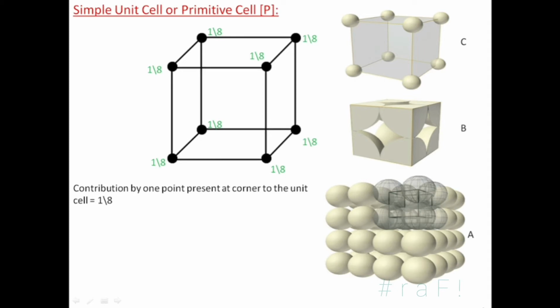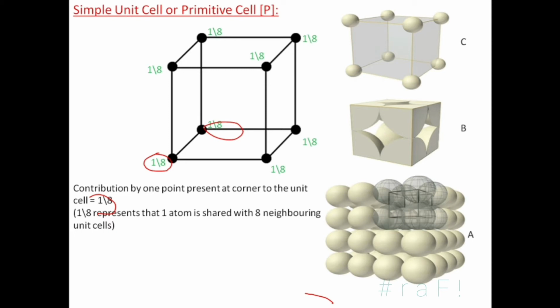Contribution by 1 point present at the corners to the unit cell is 1 by 8. This 1 by 8 represents this corner. And the next 1 by 8 represents that one atom is shared with 8 neighboring unit cells. That means 1 by 8. And next, contribution by points present at 8 corners to the unit cell is 8 into 1 by 8.